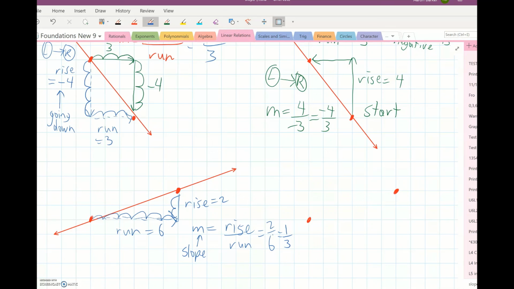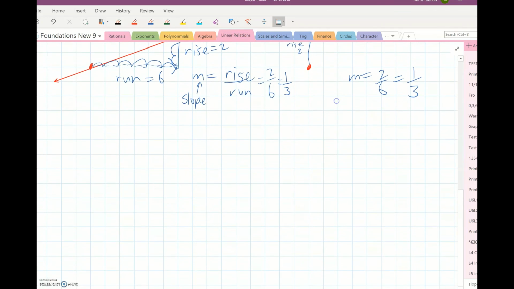Good, and what if we go in the other direction? Now I go up 2, so here's my rise of 2, and I go over my run of 6. Guess what? My slope still is 2/6. Lowest terms, 1/3.